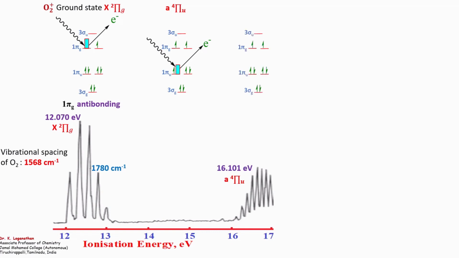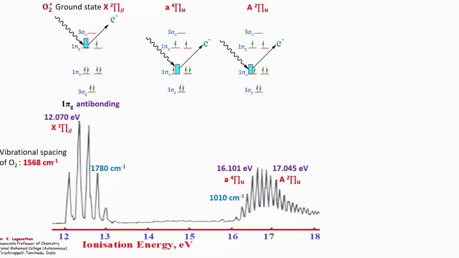Whereas when spin up electron of 1πu orbital is ionized, it results in capital letter A ²Πu ionic state and gives a signal at 17.045 electron volt with vibrational spacing 1010 centimeter inverse. It is significantly decreased from 1568 centimeter inverse of oxygen molecule. It indicates that 1πu orbital is bonding orbital.